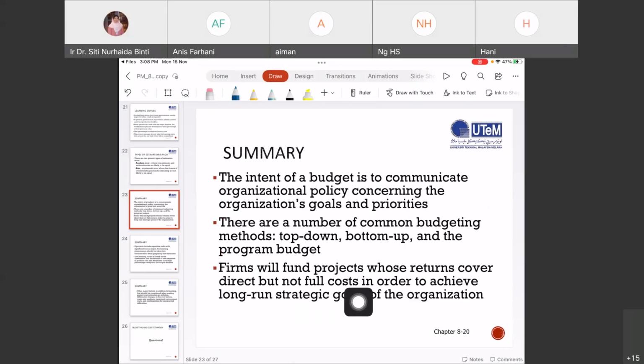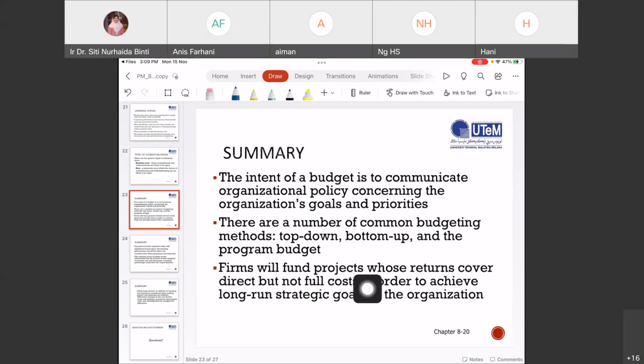Right, we've come to the summary of this portion of the study. The intent of a budget is to communicate organizational policy concerning the organization's goals and priorities. There are a number of common budgeting methods: top down, bottom up, and the program budget.